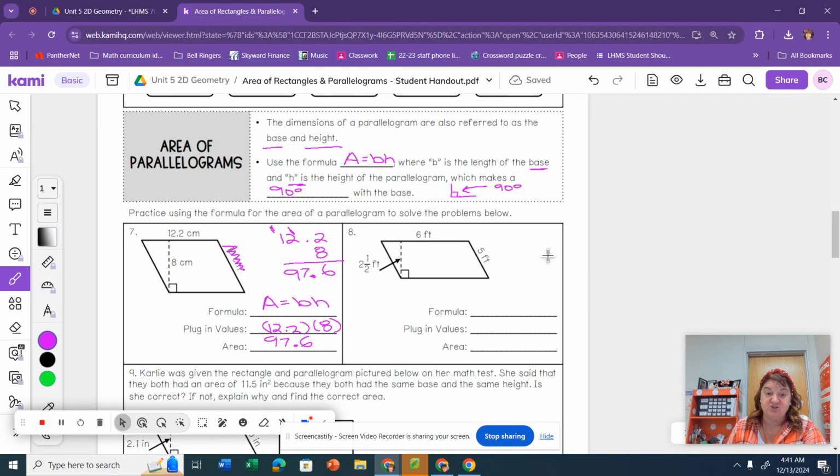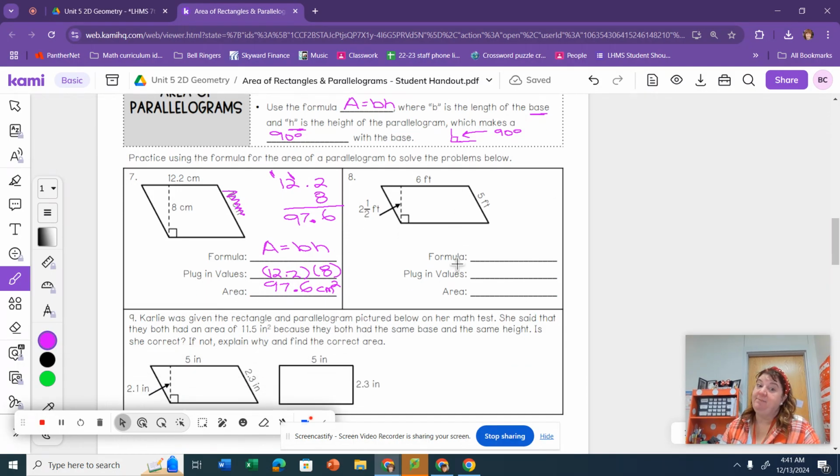And then don't forget your centimeters squared, not just centimeters. We might try to trick you by just putting centimeters, and you pick that answer, when actually it's centimeters squared. So you need to watch for that because you could be tricked.